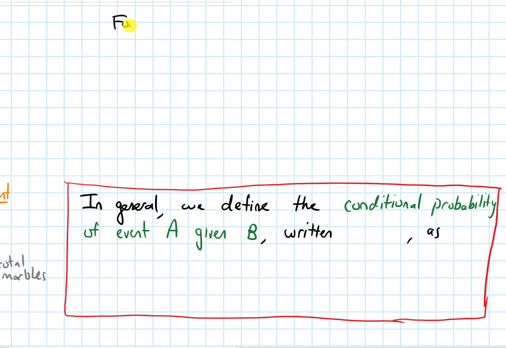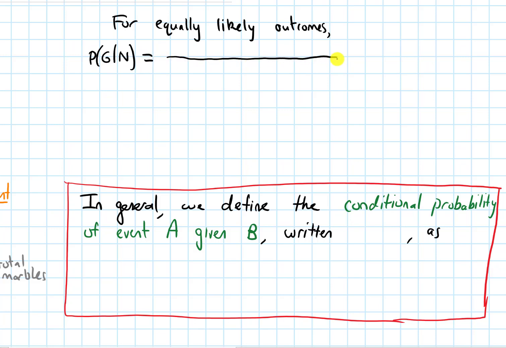So for equally likely outcomes, like we had in this example, when we try to compute this conditional probability, like probability of G given that N occurs, in the denominator, we're limiting ourselves to the condition that N occurs.